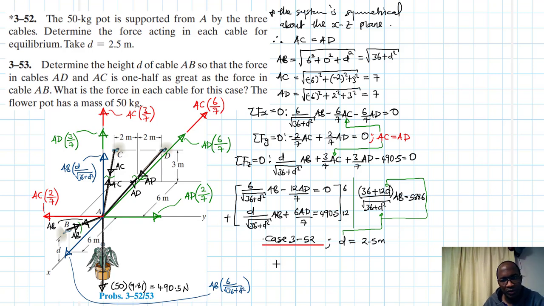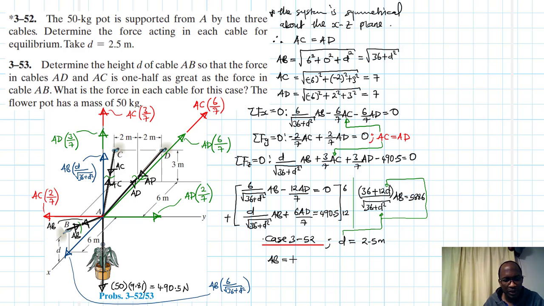So if we did so, then we'll find that our AB is just going to be equal to, let's do that. So we have 36 plus 2.5 squared. Square root of that is 6.5. Then we have 36 plus 12 by 2.5 divided by that. Then 5886 divided by that.